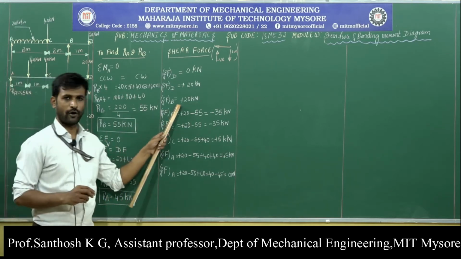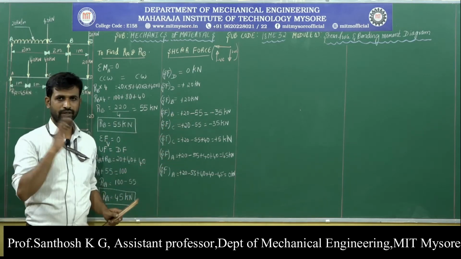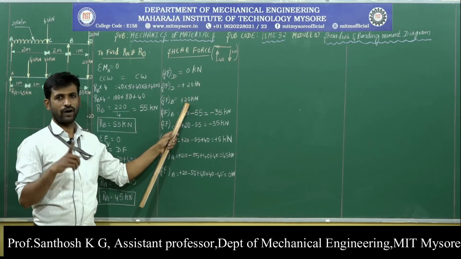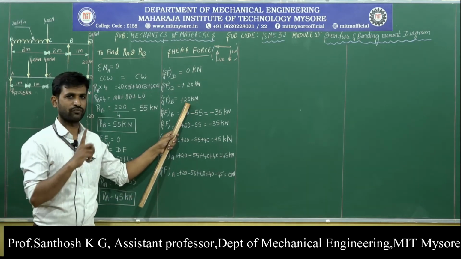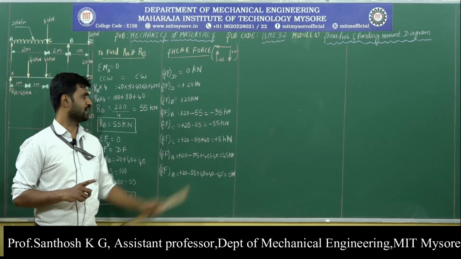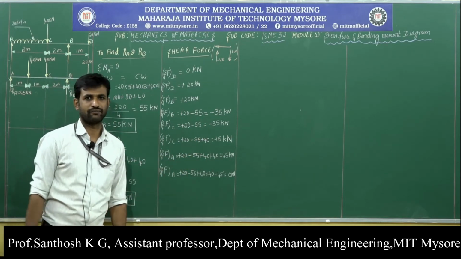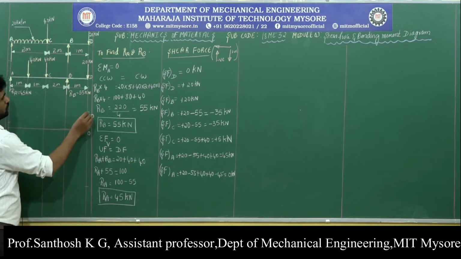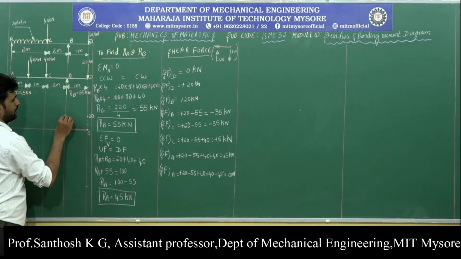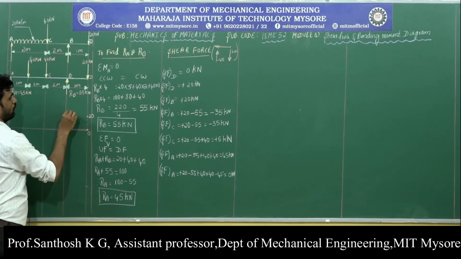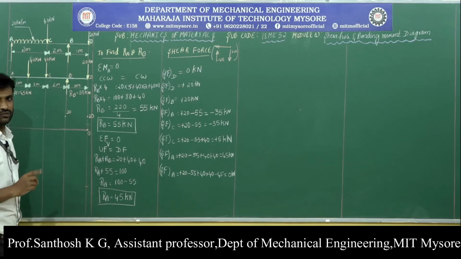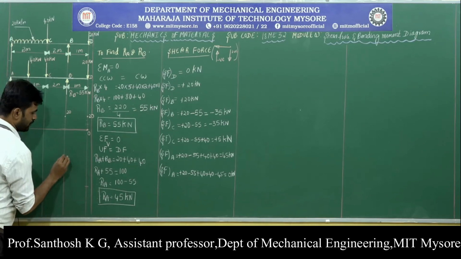Next, if we come to point B, there we get two shear forces. One is having a magnitude of 20 kilonewton and the second shear force is having a magnitude of minus 35 kilonewton.